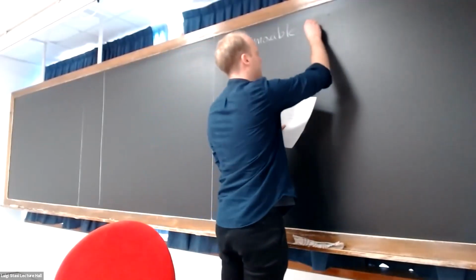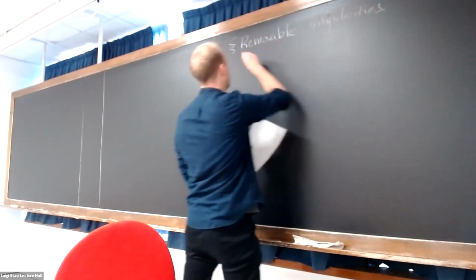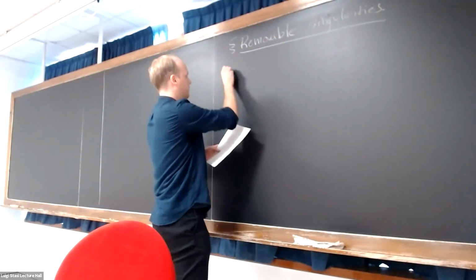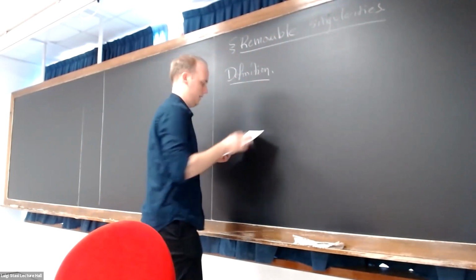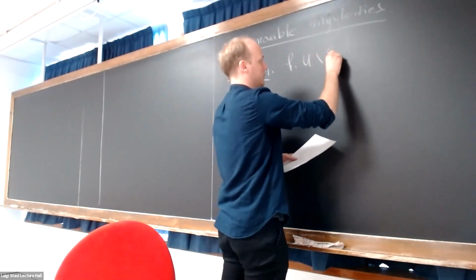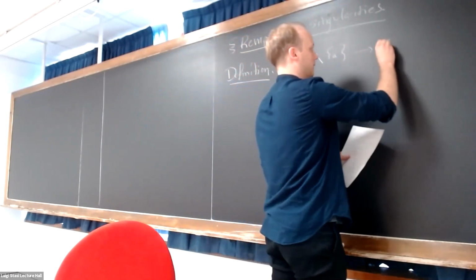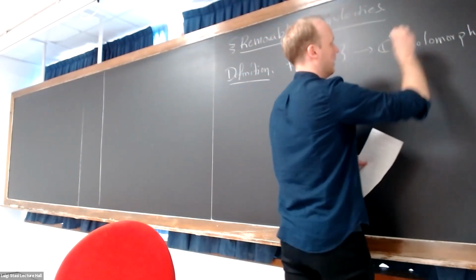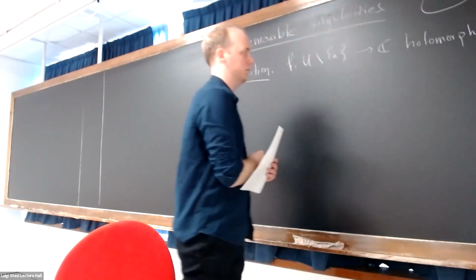Removable singularities. Okay, so the definition of this, if you remember, was that if you have some holomorphic function which is holomorphic except at some point, okay, so you have some U, you have some point inside where maybe it's not defined.